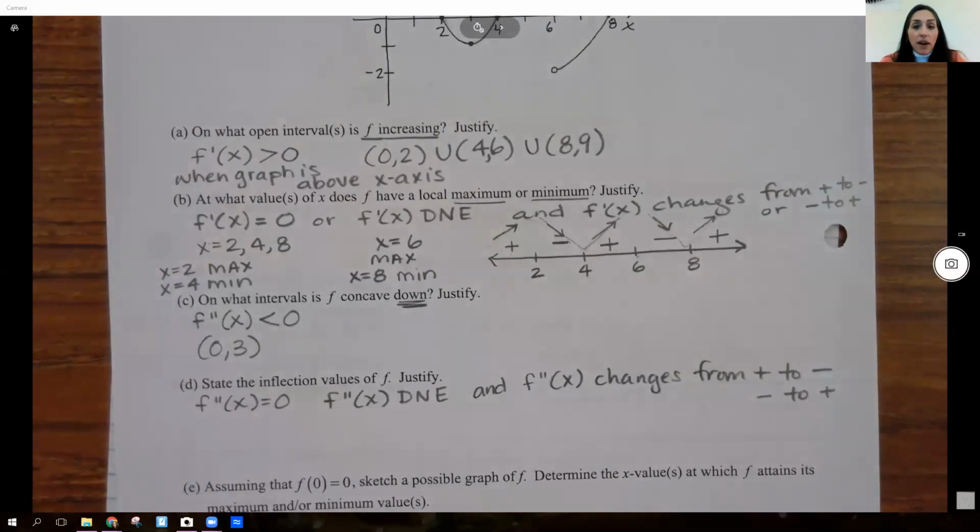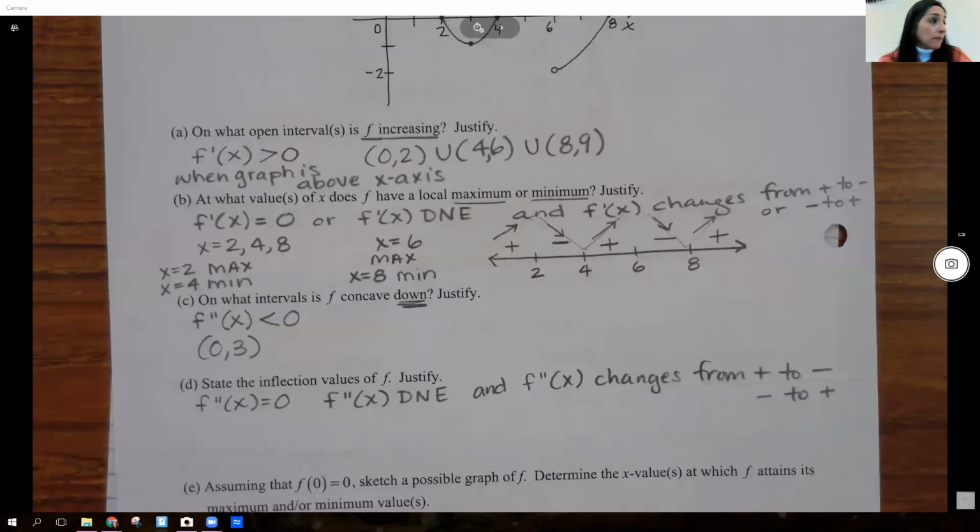I know it's a lot of writing, but if you force yourself to write this down every time, you'll be very well prepared for either a future class, like another calculus class, or a test, whatever, AP exam, that kind of stuff.